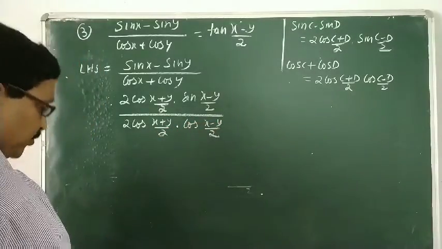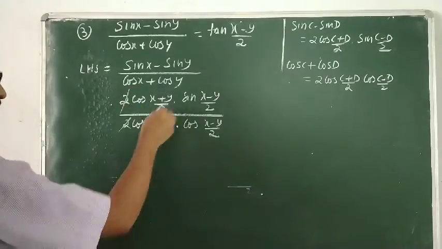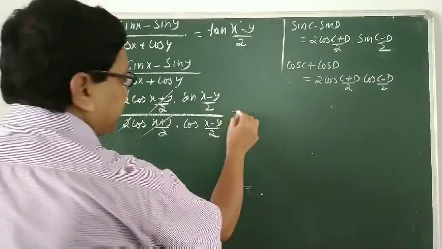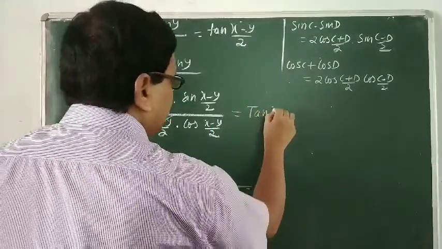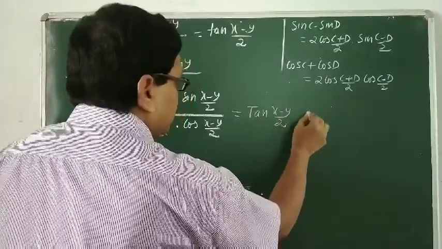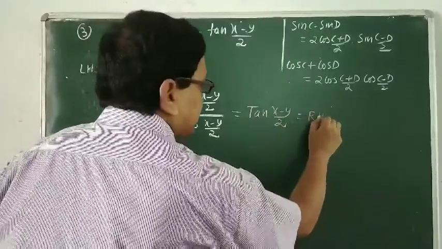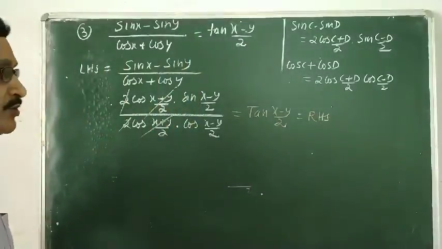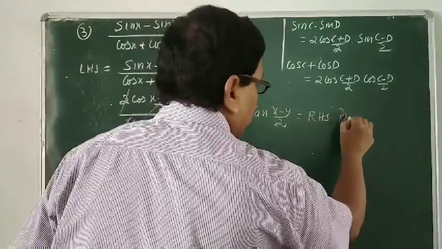Just see, these two cancel. Now the same thing cancels, so we are left with tan x minus y by 2. So this is proved, RHS. So the solution is over, proved.